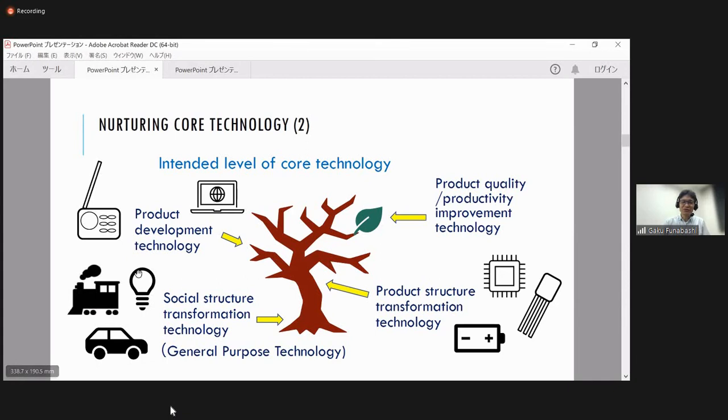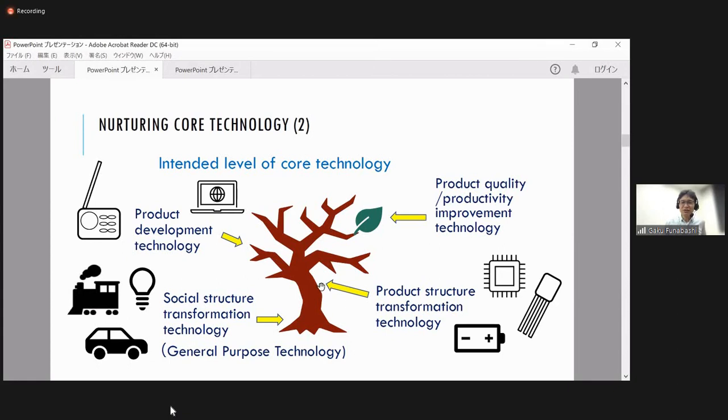So electricity, or engines from steam to locomotive engines, or the gasoline engine, are technologies which changed people's life drastically. So we call it social structure transformation technology, or another word, general purpose technology.